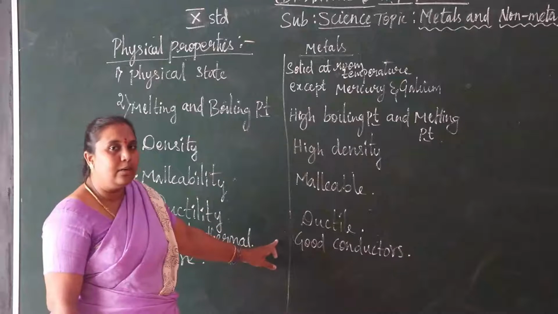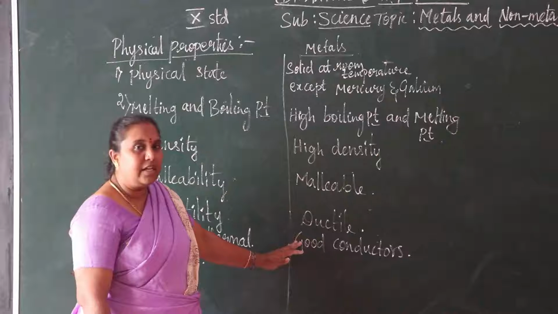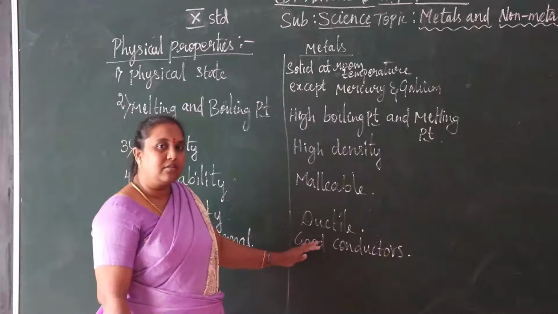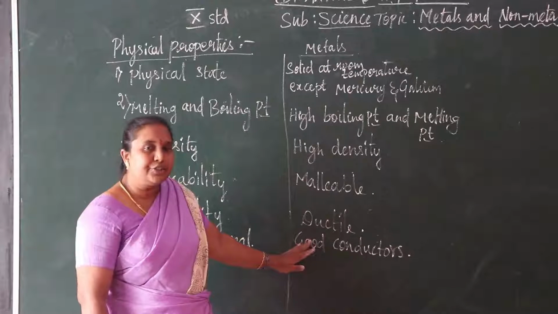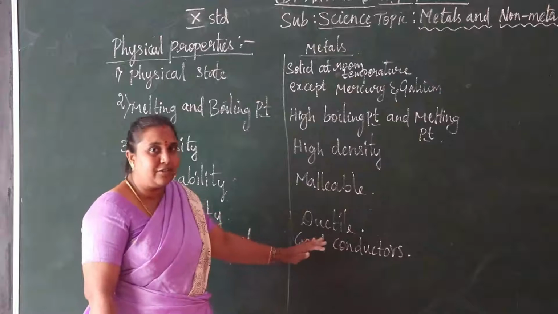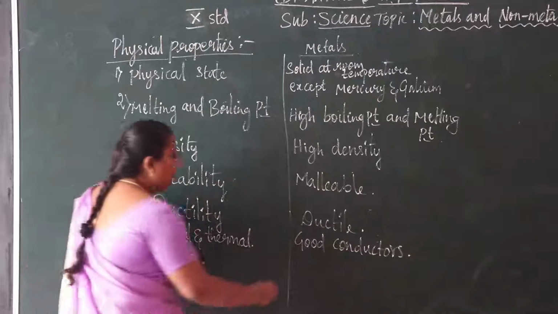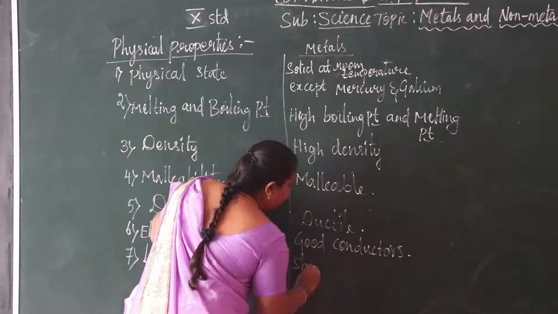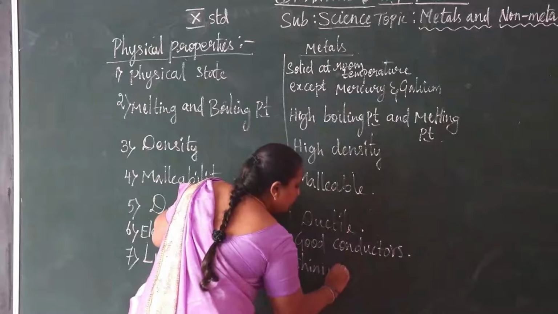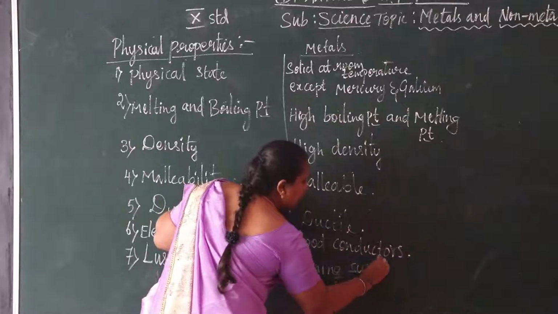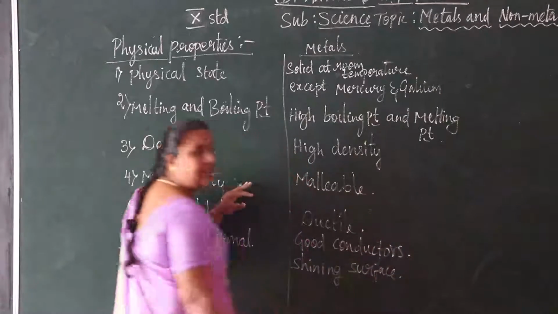Examples: gold, silver, aluminium, steel, iron, copper. These all have shining surfaces. Do you agree, children? So metals have shining surfaces.